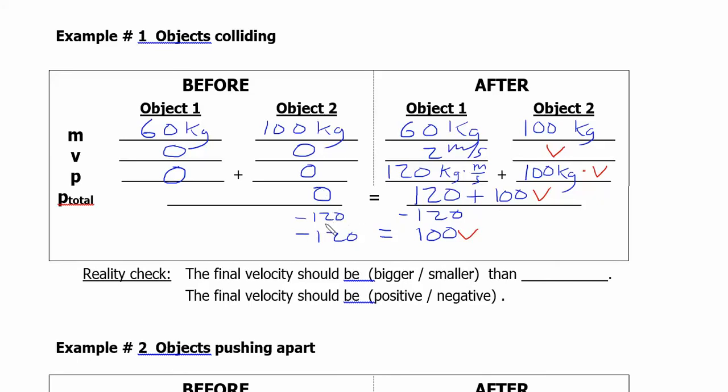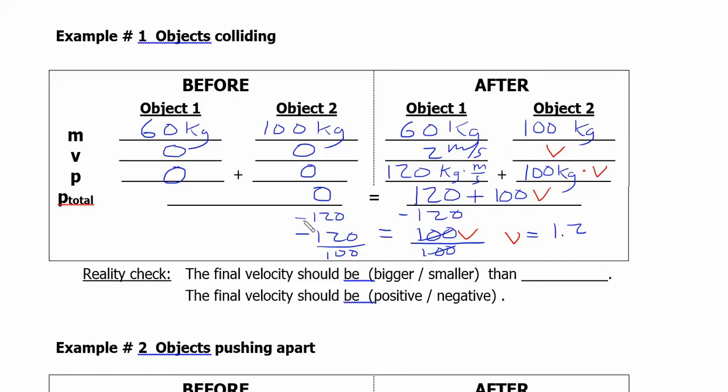Alright, so now we have our next algebra step, which would be to divide both sides by 100. So the hundreds are going to cancel out here. And we have v equals 120 over 100, which is 1.2.